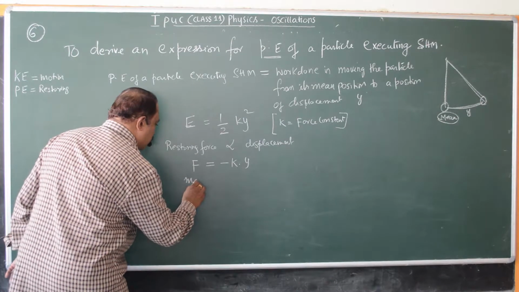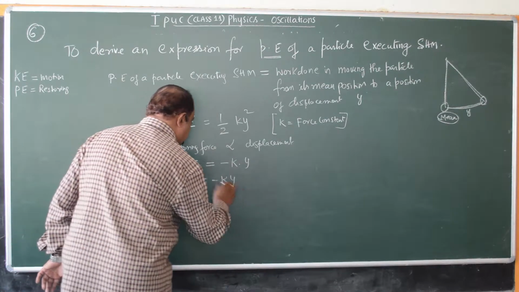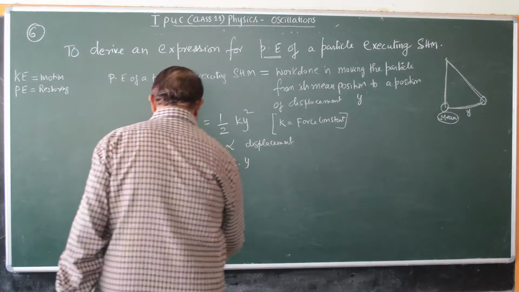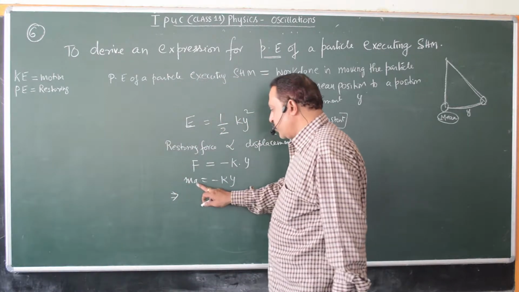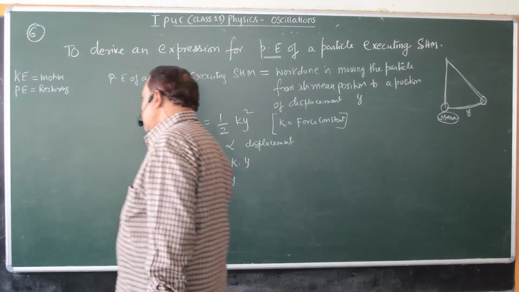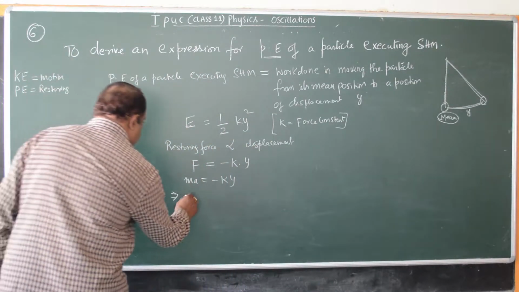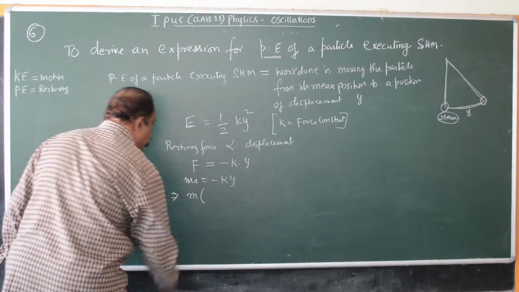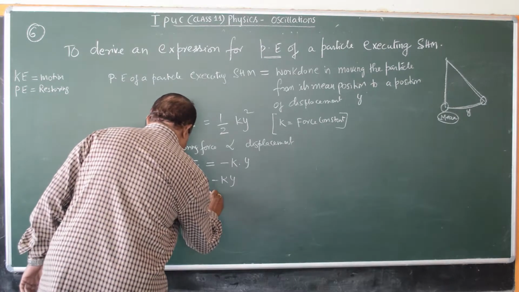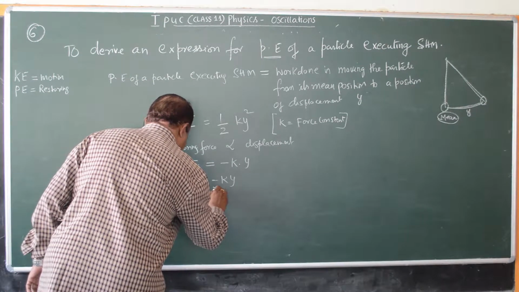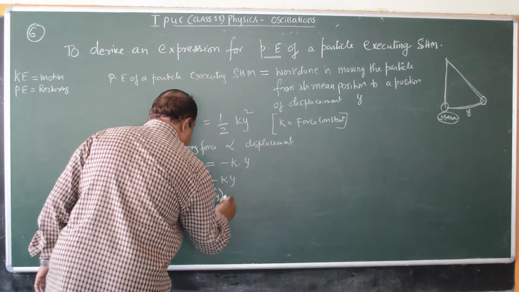But F is equal to ma, that is equal to minus k y, where m is the mass of the particle executing simple harmonic motion, a is the acceleration. But we know that the acceleration of a particle executing simple harmonic motion is given by minus omega square y.